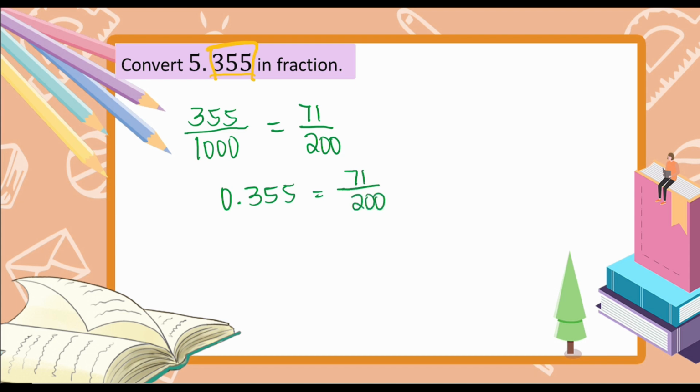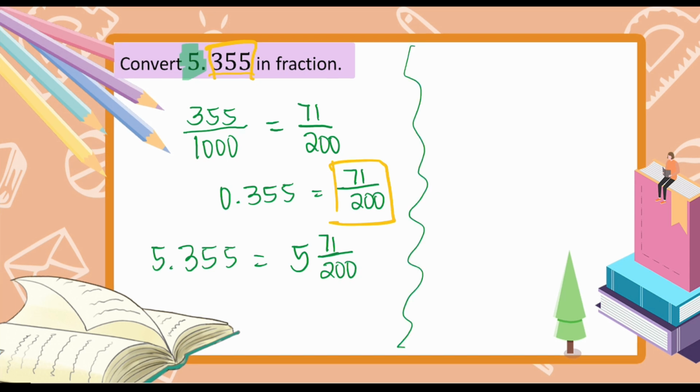Now, balikan natin si 5. So, since whole number si 5, ang gagawin mo lang is to add 5 dito sa ating fraction. Mag-a-add lang tayo ng 5. So, our answer will be 5.355 is equal to 5 and 71 over 200.